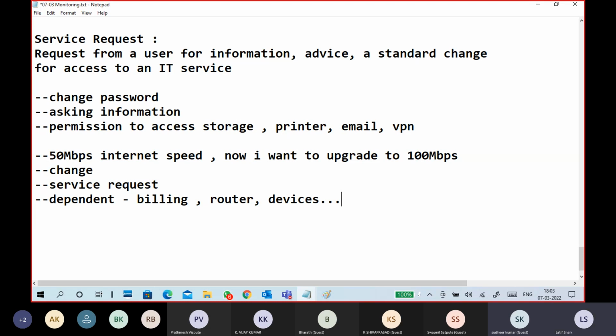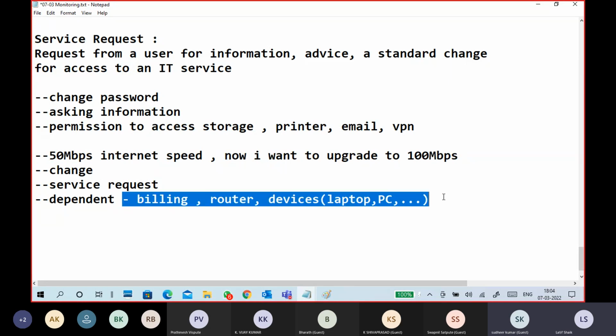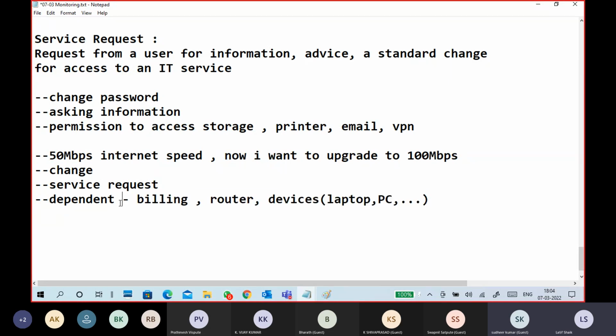Maybe I have to change my router, my devices like a laptop, desktop kind of stuff, switches, like that. So this one leads to another one. So in change management, changes occur, but you have to check the dependency factors.